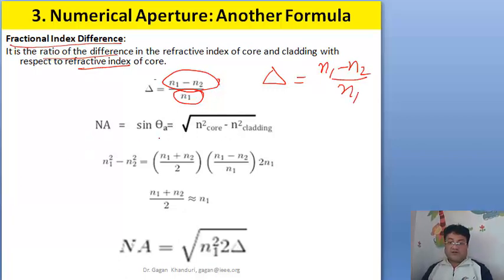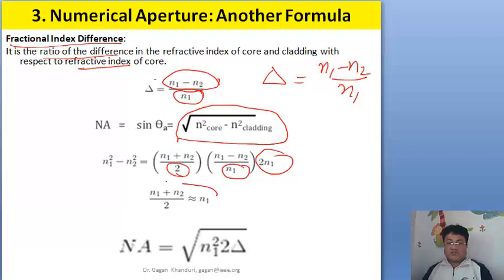So numerical aperture was under root n1 square minus n2 square. You can write n1 square minus n2 square as n1 plus n2 times n1 minus n2, and you can multiply and divide by 2n1. So I have divided here and I have multiplied 2n1 here. Because n1 plus n2 by 2 is almost equal to n1, we are using this approximation.